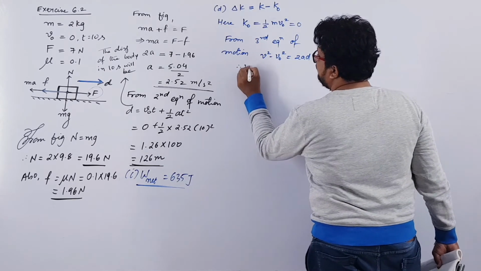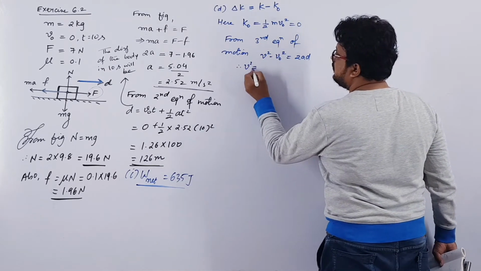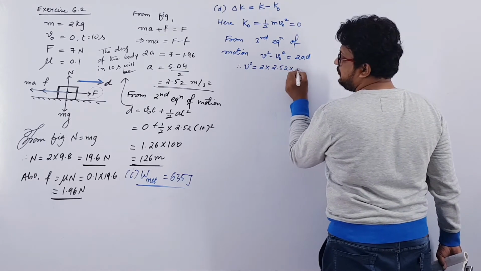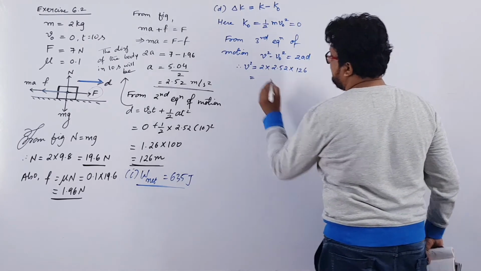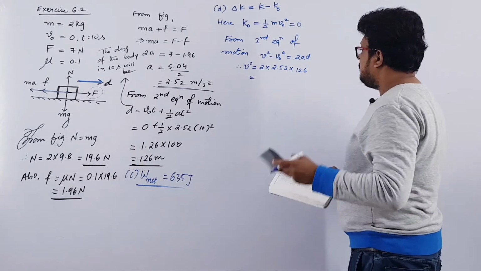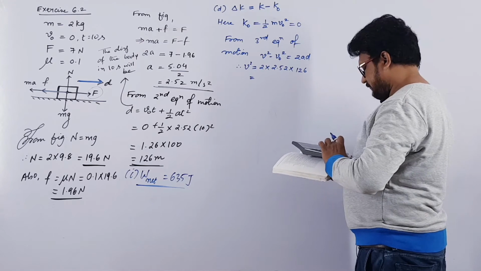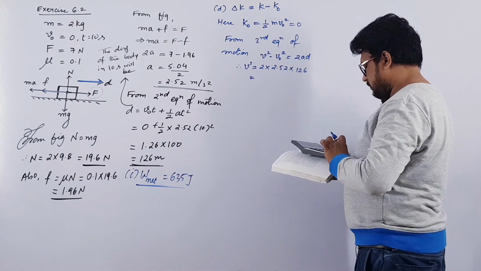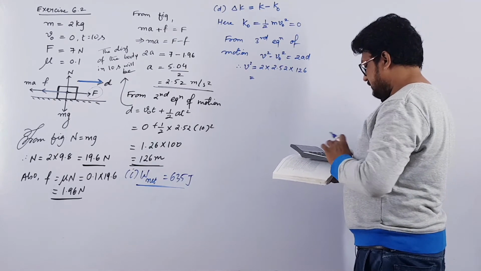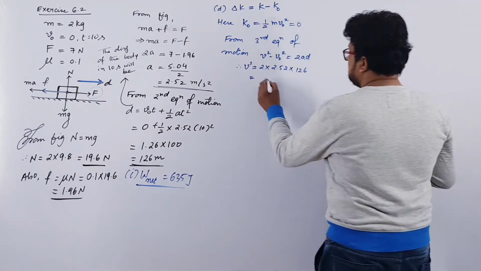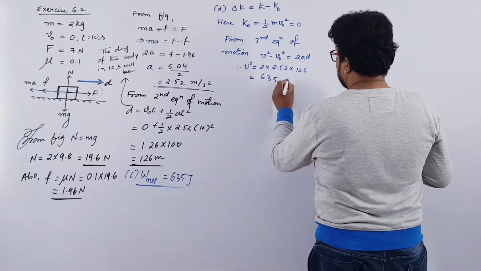So V square will be equal to 2 into A, which is 2.52, into D, which is 126. That will give you 635.